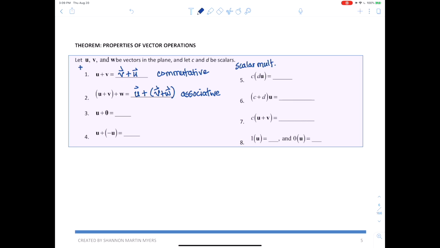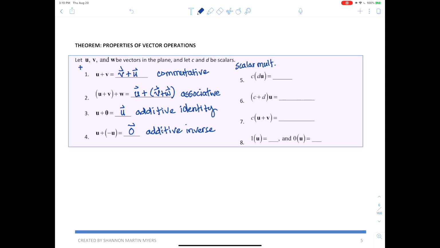And some vector U plus the 0 vector is just going to be U. So what property do you think that is? Beautiful, additive identity. And then U plus -U yields the 0 vector, and so that's our additive inverse. All right, cool.